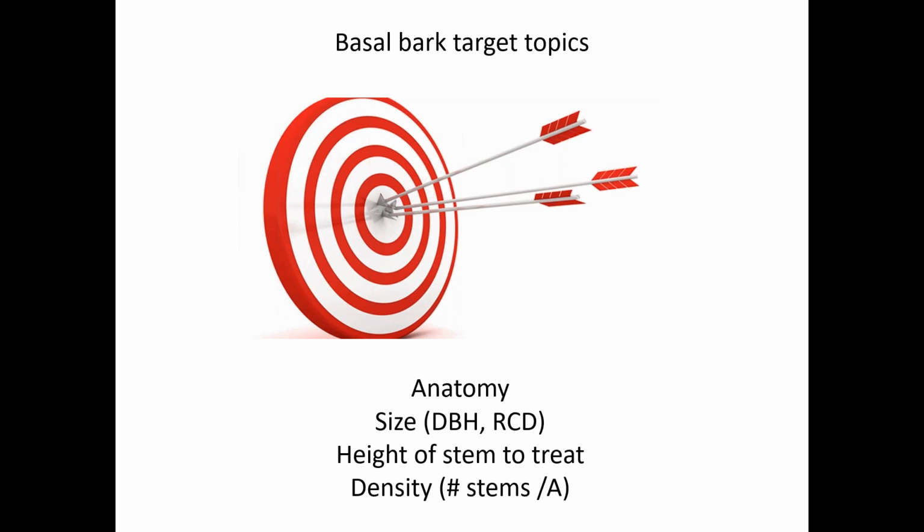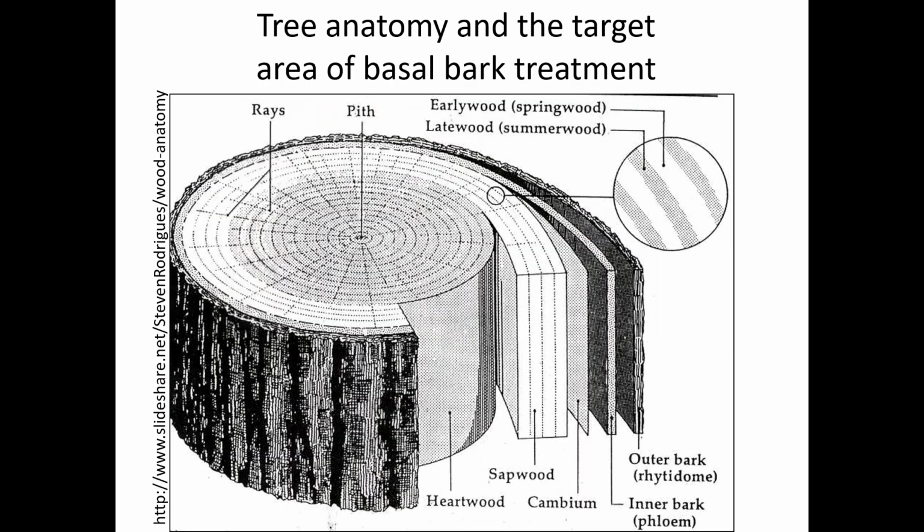Okay. Let's go back to some classic silviculture, classic forestry, classic wood anatomy here. When we look at this old textbook version of tree anatomy and the target area for basal bark treatment, before I get into the basal bark, let's just go through tree anatomy. If we start with the outer bark, everyone knows that's the visible portion of the bark. The rhytidome is another technical term for that, but we'll stick with outer bark.